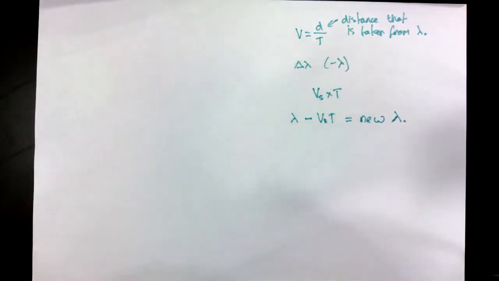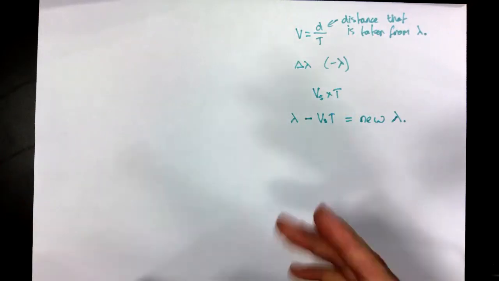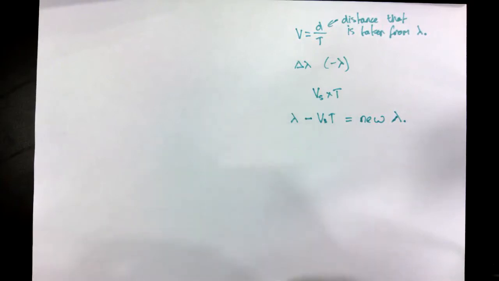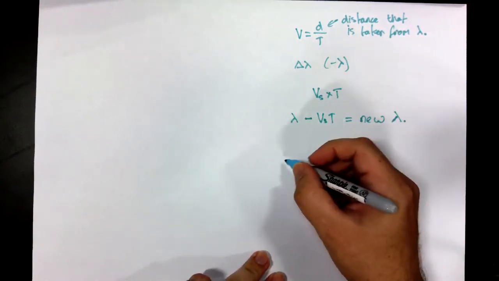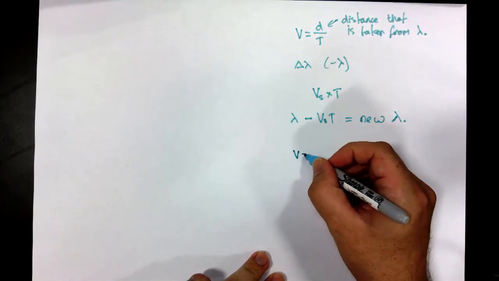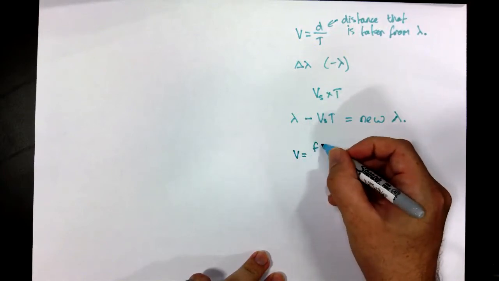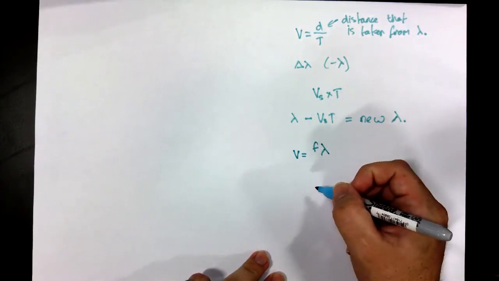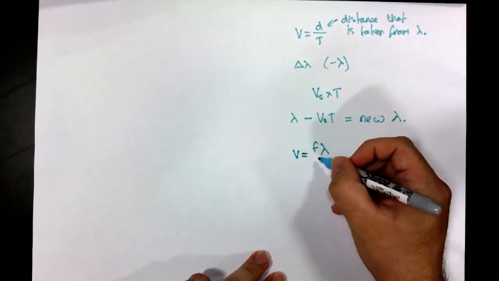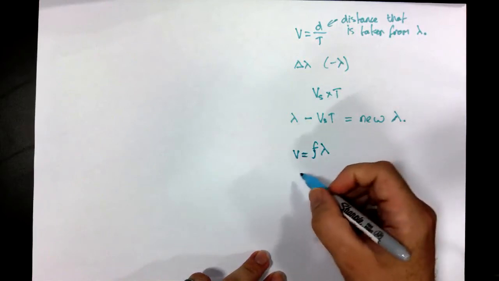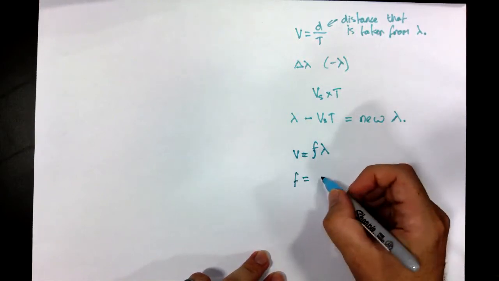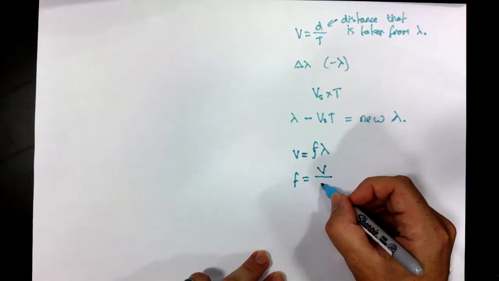So let's see if we can come up with a term for the new frequency, or the observed frequency, to allow us to work that out. Think about it very carefully. Using the equation V is equal to F lambda, then F will be equal to V over lambda.